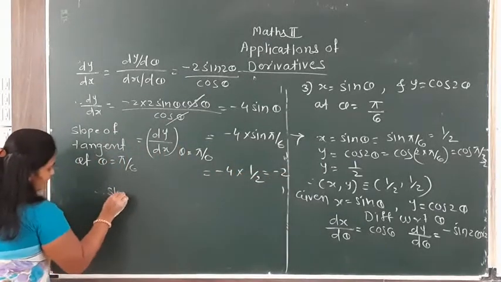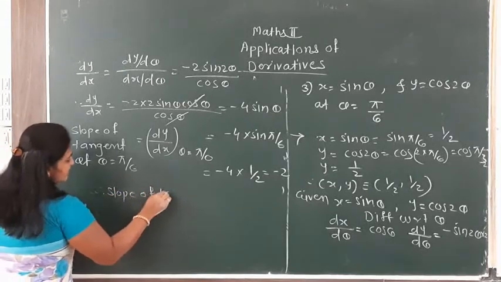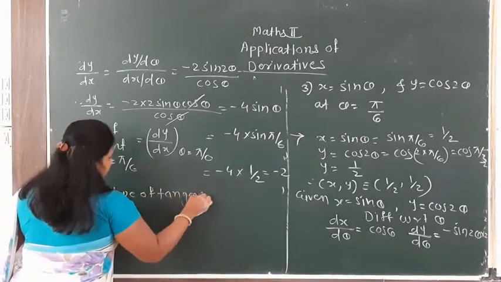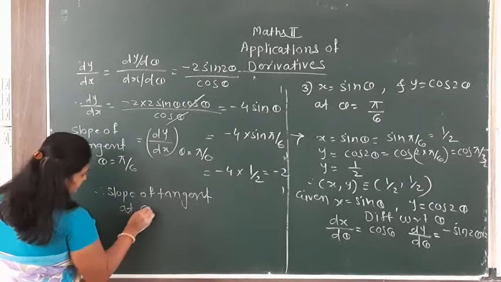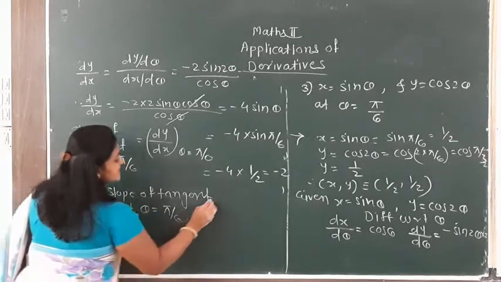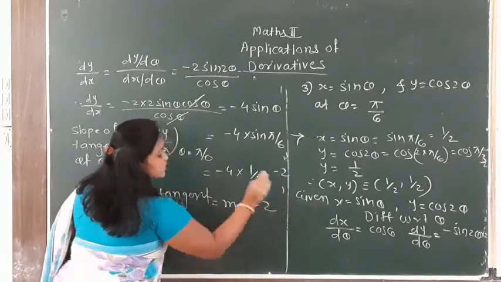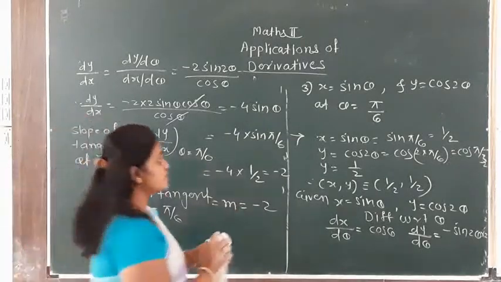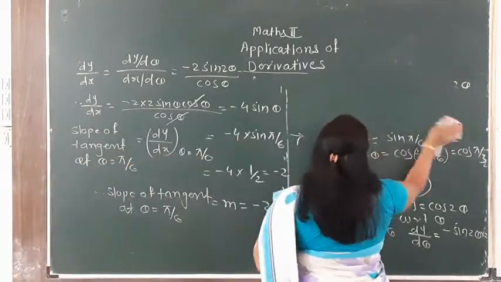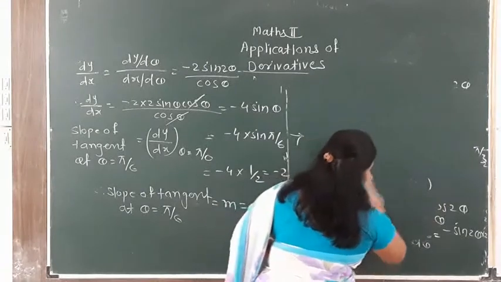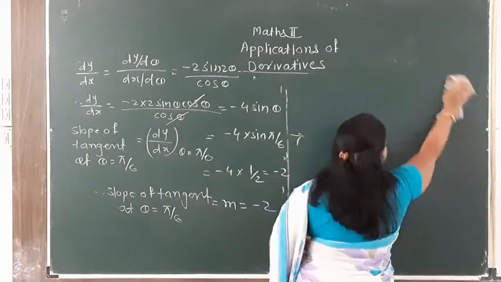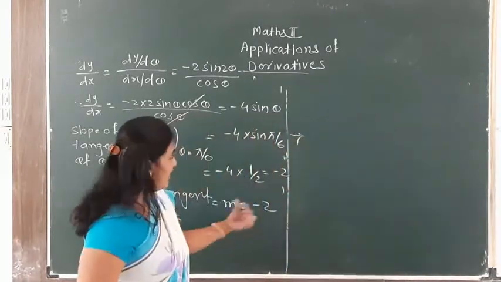So the slope of the tangent at theta equal to pi by 6 is minus 2. Now we find the equation of the tangent at the point 1 by 2 comma 1 by 2 and having slope minus 2.